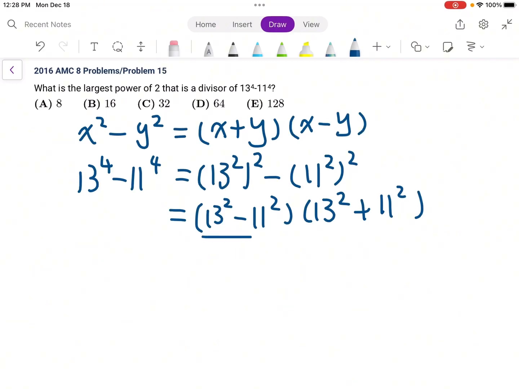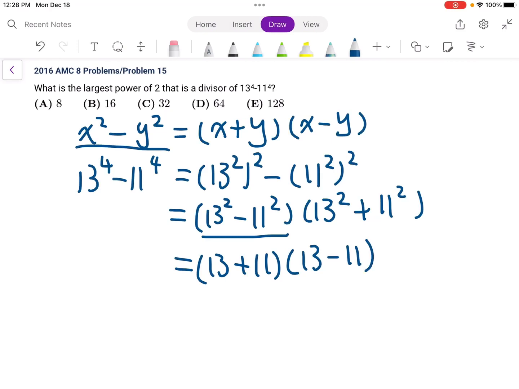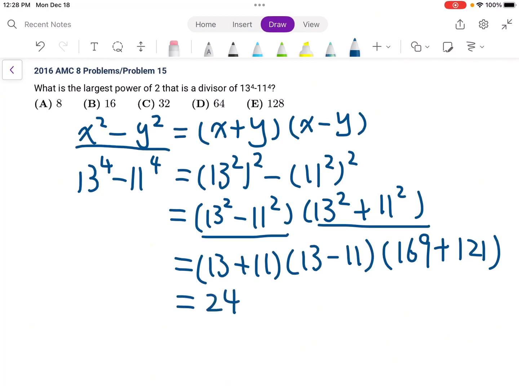And again, this part, we can continue to use this formula. That is 13 plus 11 multiply 13 subtract 11. And here, 13 squared equals 169, and 11 squared is 121. Now we further simplify this. This is 24 multiply 2 multiply the sum, which is 290.